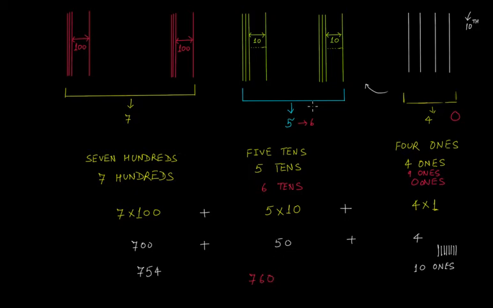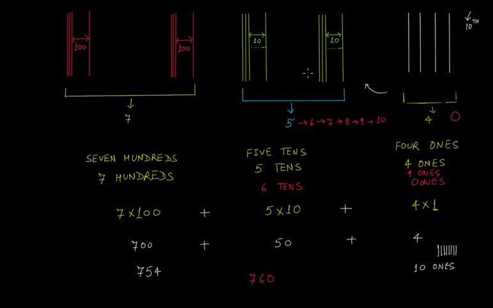Now, suppose that you now have 6 bundles of 10 line segments. Another bundle of 10 line segments comes, and this becomes 7. Another bundle of 10 line segments comes, and this becomes 8 bundles. Another bundle comes, and this becomes 9. And if you bring in another bundle of 10 line segments, the count will become 10.